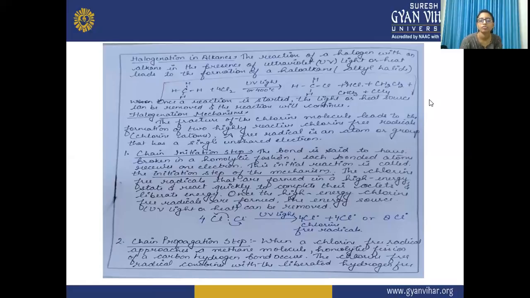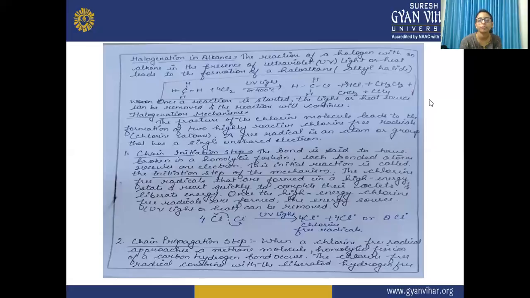In this, the fracture of the chlorine molecule leads to the formation of two highly reactive chlorine free radicals, that is your chlorine atom. A free radical is an atom or group that has a single unshared electron. So here the chlorine molecule gets fractured, means there is a homolytic fission, which leads to the formation of two highly reactive chlorine free radicals.